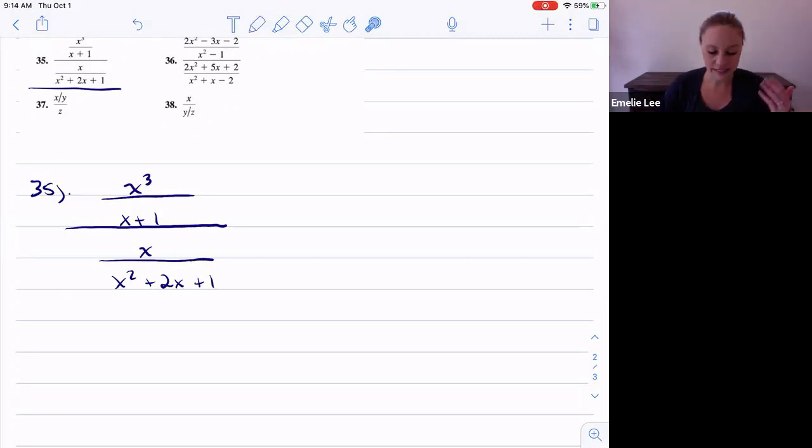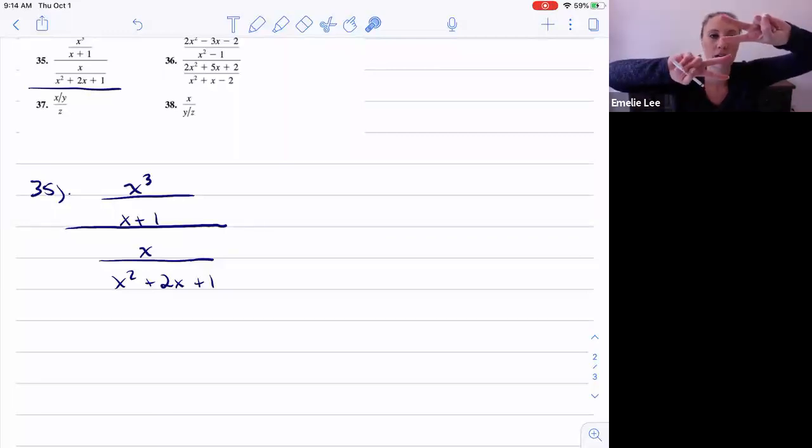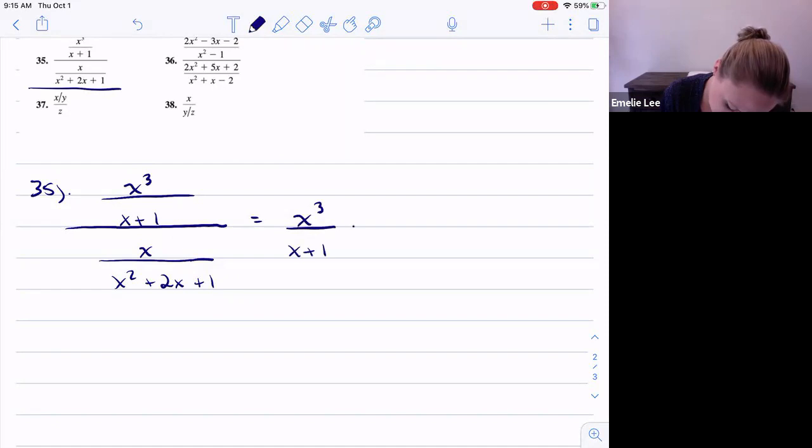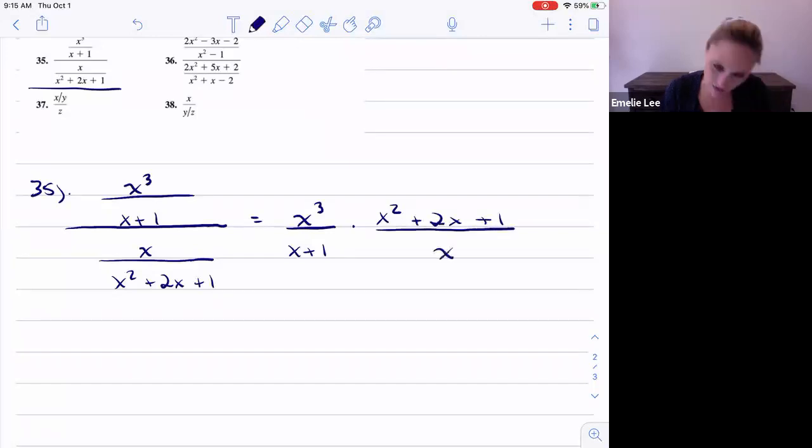We know how to divide a fraction: a fraction over a fraction, you flip the denominator and multiply. So this becomes x to the 3 over x plus 1 times the flipped x squared plus 2x plus 1 divided by x.